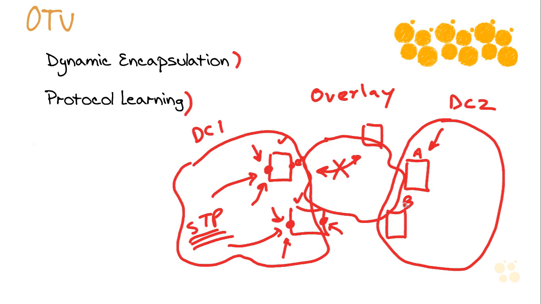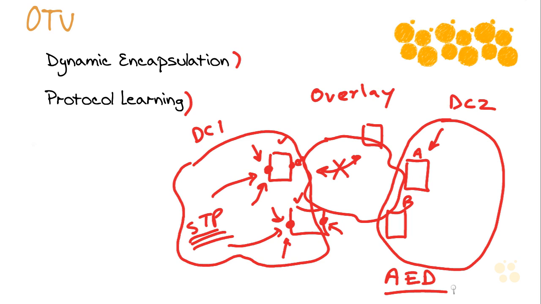OTV has a built-in mechanism to ensure that only one of these edge devices forwards traffic for a given VLAN. The edge device that has the active forwarding role for the VLAN is called an authoritative edge device, or AED, for that particular VLAN. The AED has two main jobs.